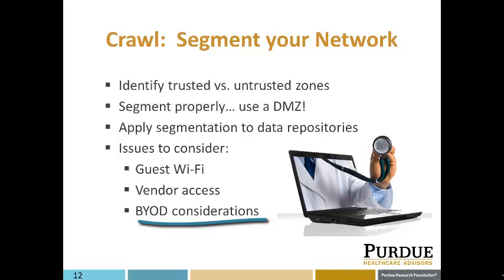If you allow your staff to bring a smartphone, a tablet, possibly their own laptop to work with them, how does that device get connected to the network? You may have a network segmented specifically for that function. So segmenting your network is extremely important. And in order to mature to the various other stages of IT maturity, you really have to segment your network properly.